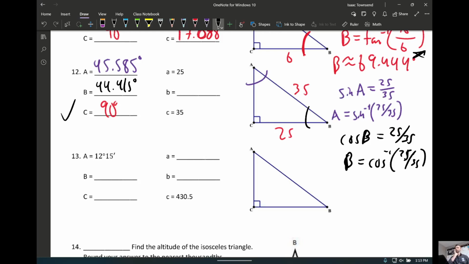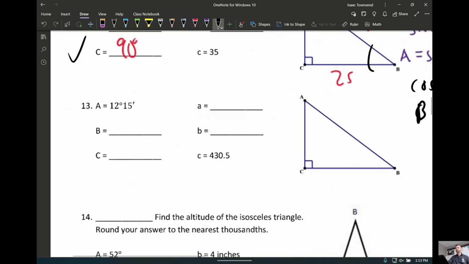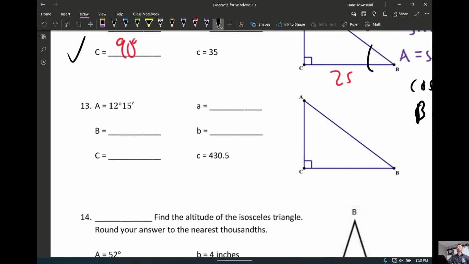Yeah. 13? Okay, was it this part here? Okay, this is going to show up in a question or two later today, so I would totally understand why you guys may have forgotten this. We haven't done this in a while. But this is degrees, minutes, and seconds. So I've got 12 full degrees, and you have to remember that a minute is a 60th of a degree. That's the same thing that we did the first week of school.